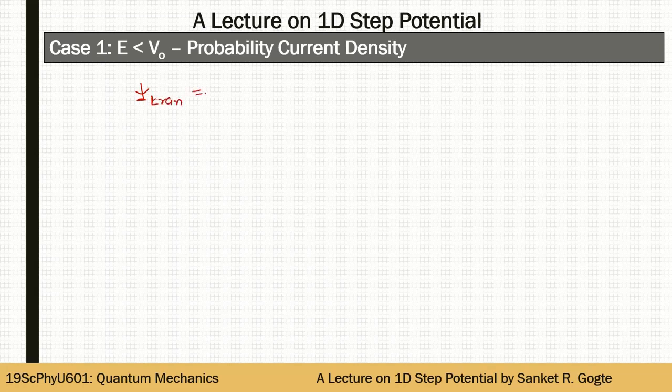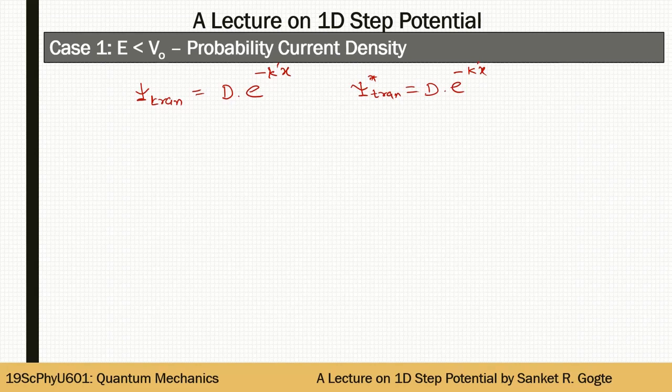So let me write it like this: d into e to the power minus k prime x, and its complex conjugate psi transmitted star is also the same, d into e to the power minus k prime x. In general d can be a complex number, so let's write it as d star. It's real, we don't have to consider it. The solution is always real because we don't have the imaginary term in the differential equation itself.